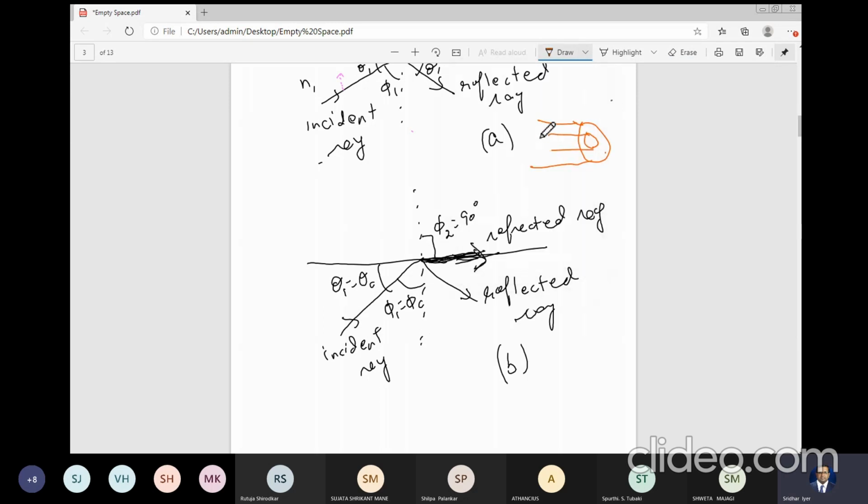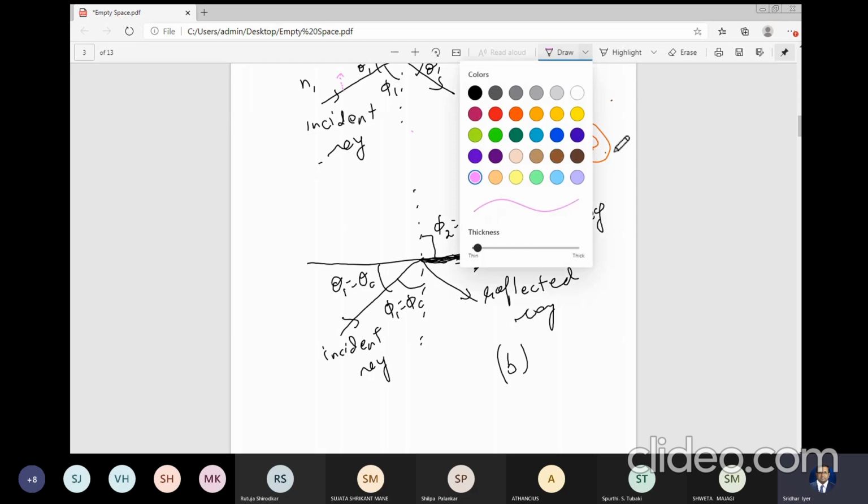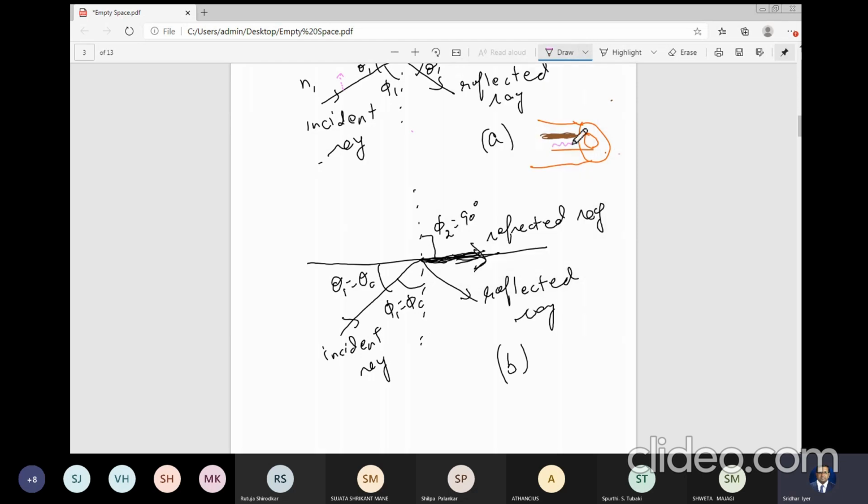Diagram B basically implies that some part of the light is at the boundary of the core and cladding, that is here, right? However, we want light only to be inside the core, not even at the boundary. We do not want this brown color. We want only this pink color. We want all the light to be only inside the core of the fiber, right?